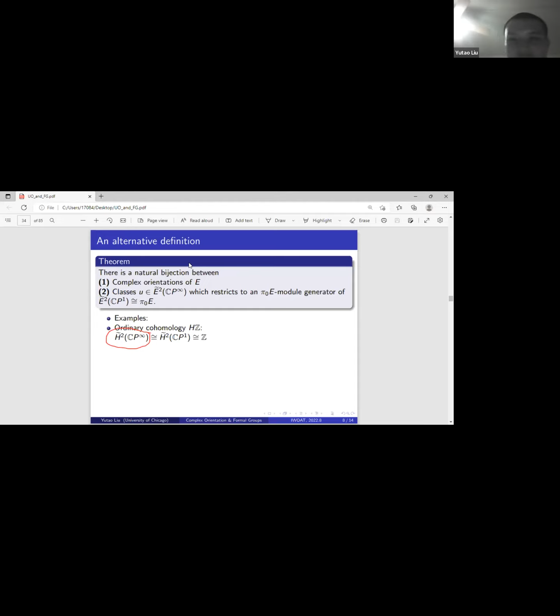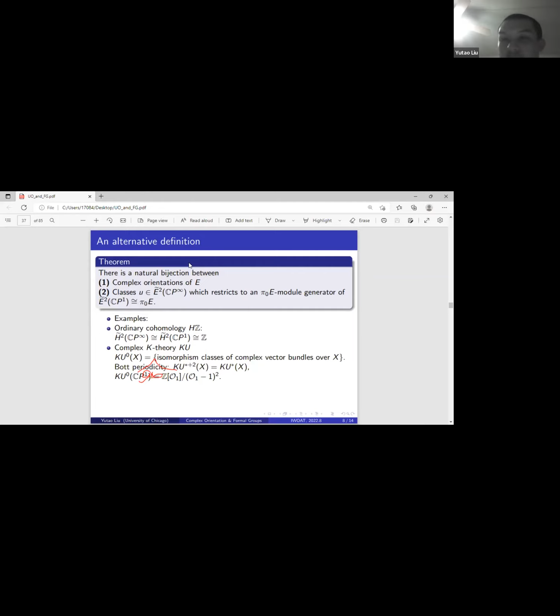A slightly more complicated example is the complex K-theory KU. So recall that KU is the cohomology theory which is the Grothendieck group of isomorphism classes of complex vector bundles over the space X. And we have the Bott periodicity, which explains the structure on the KU cohomology.